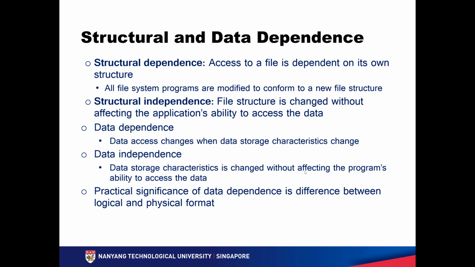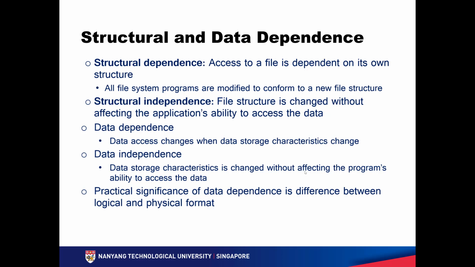We want to separate the file system or the database from the applications that we have developed. So whatever versions, whatever updates you are going to do on your mobile app, it shouldn't affect the way that the database or the file system or the file structure is implemented. And that's what we call structural independence.